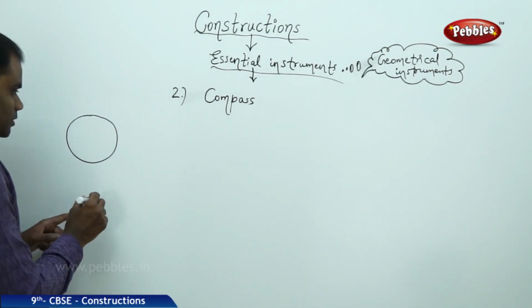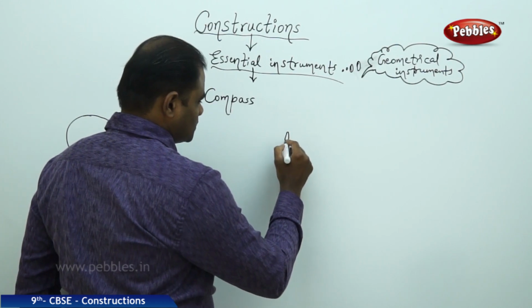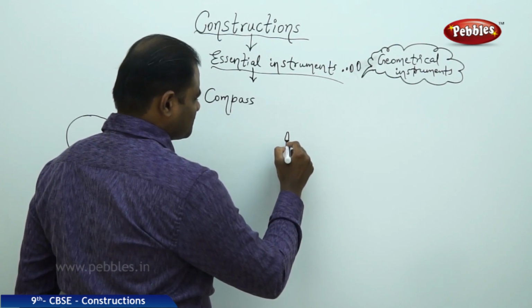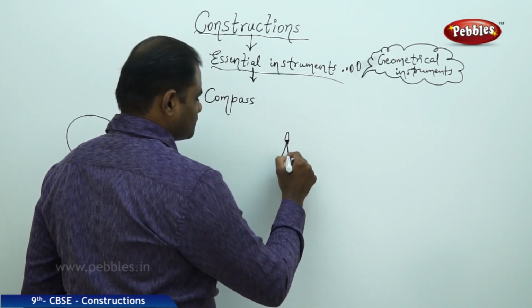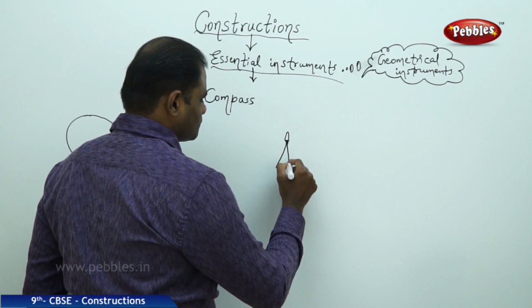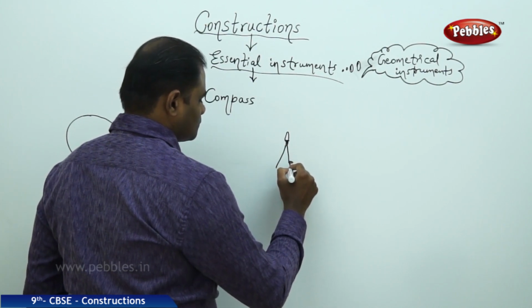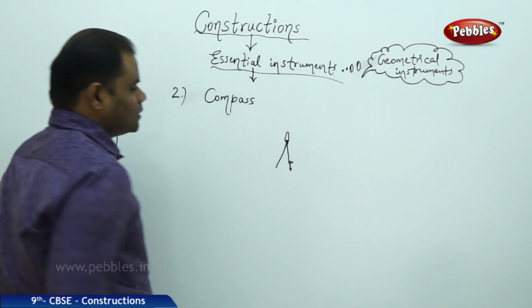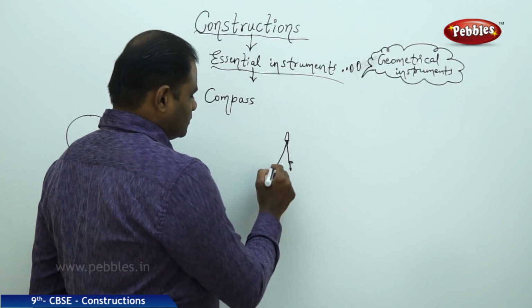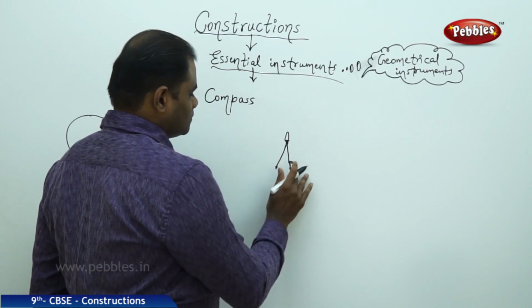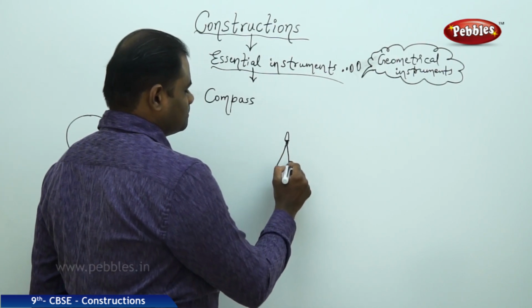Usually a compass is a fixed instrument, which is pointed, and then the other end is fixed with a pencil.